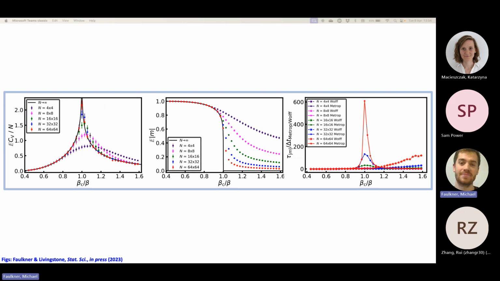Oh yeah, and then this is the integrated autocorrelation time. Again, the circles are the Metropolis output from earlier, and these stars are the integrated autocorrelation time of the Wolff simulations. And you can see that in the vicinity of the transition, the Wolff simulations have very small autocorrelation for all system sizes.